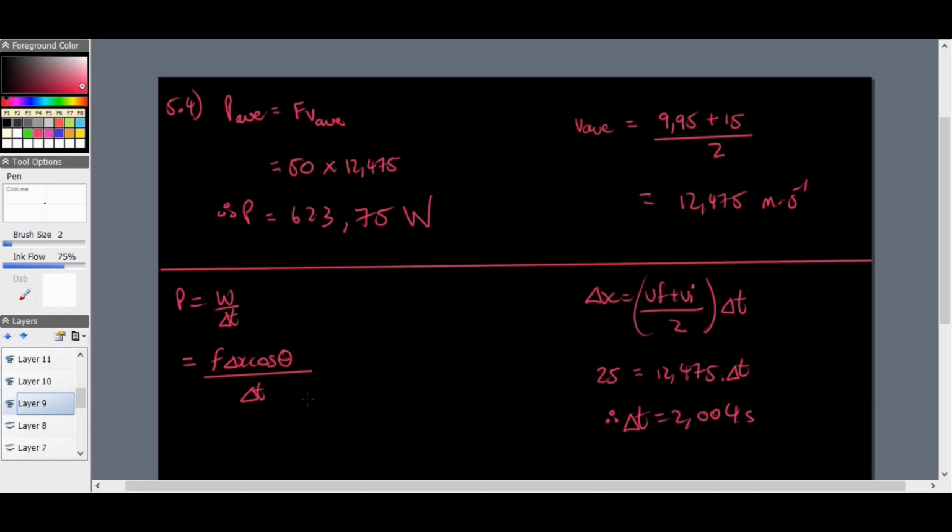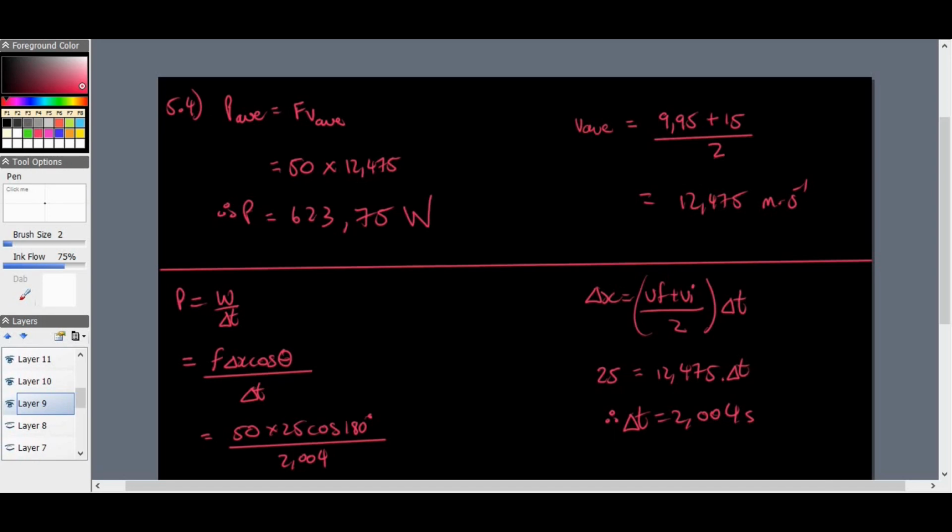So you want the power dissipated by the friction, so that's going to be 50 on top here times 25 cos 180, all divided by the time, which is 2,004. If we do that, can't remember what was the work done by the frictional force. Did we even get that? Well, we had a number for it in my calculator.